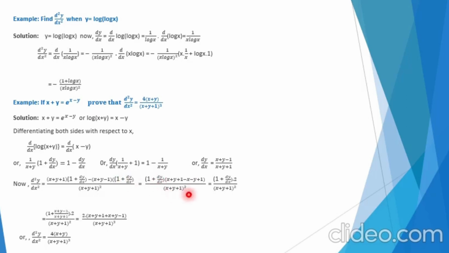Now that is equal to 1 plus dy dx into 2 by x plus y plus 1 whole to the power 2. And therefore the resulting answer will be d2y dx2 equals 4 x plus y by x plus y plus 1 whole to the power 3.